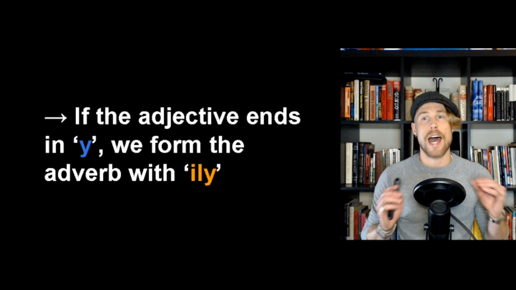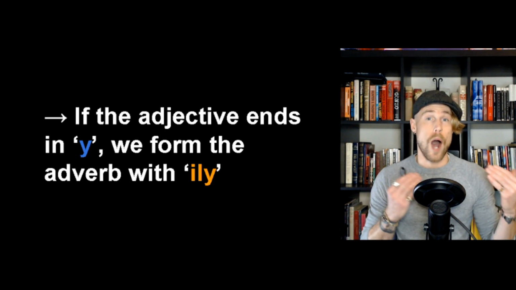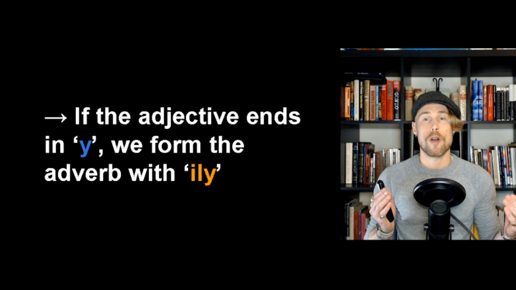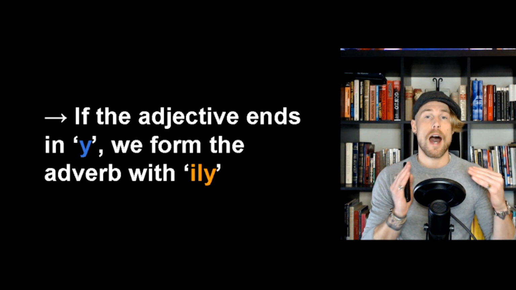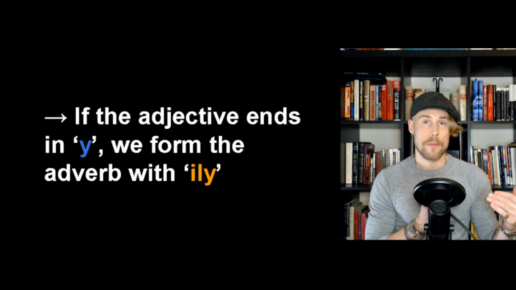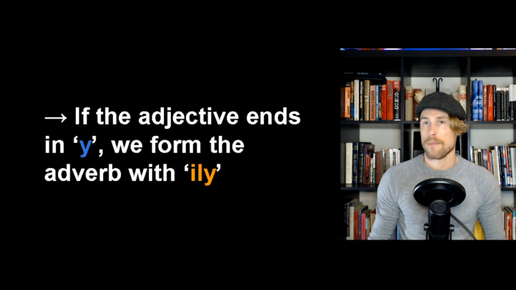If the adjective ends in y, we form the adverb with ILY. So 4 adjectives that end in y: easy, happy, noisy, merry. It's Christmas time, so I am feeling merry.